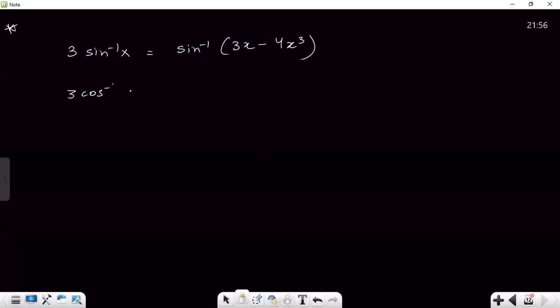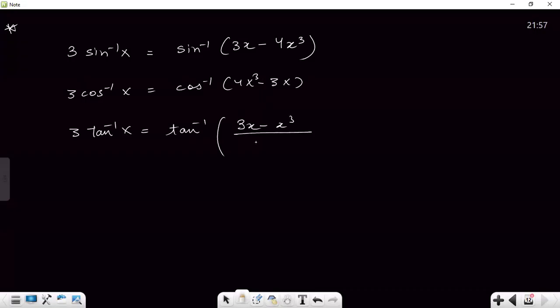Similarly, 3 cos inverse of x is cos inverse of 4x cube minus 3x. This formula is very important. Very important. 3 tan inverse of x is equal to tan inverse of 3x minus x cube divided by 1 minus 3x squared.